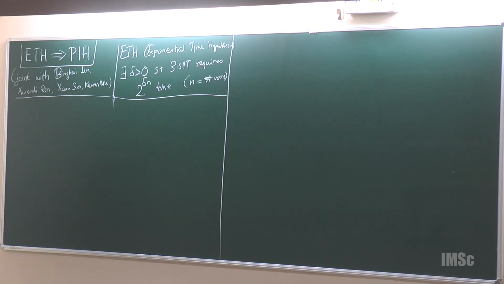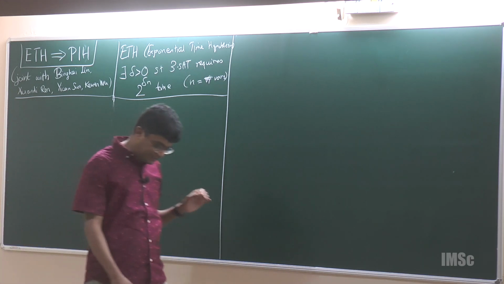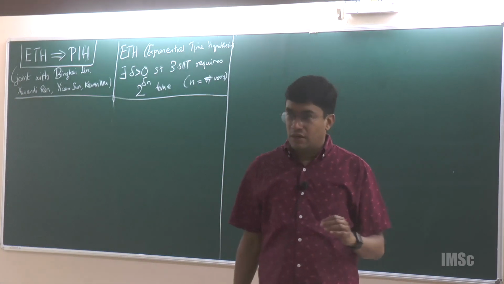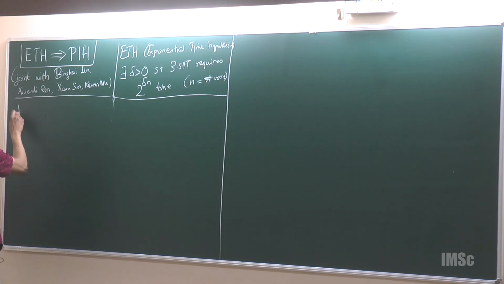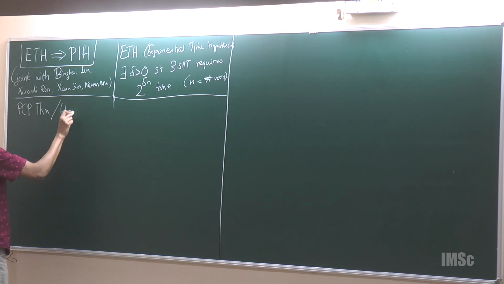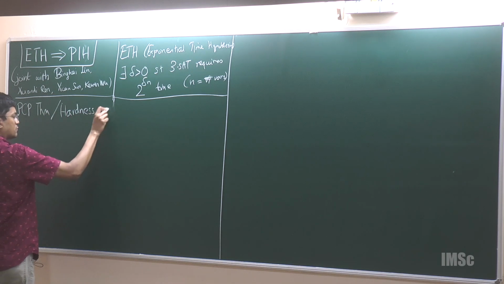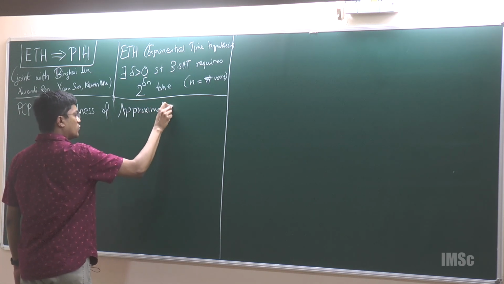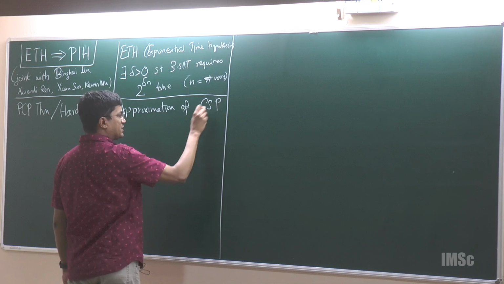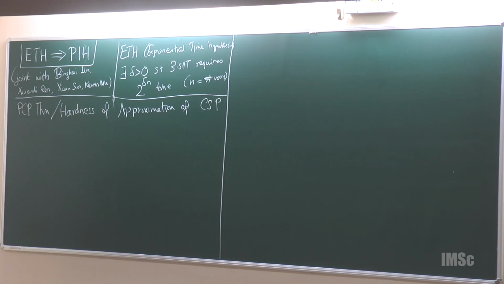But this is ETH, and now I'm going to define what PIH is. For that, I want to start with the regular PCP theorem, which is probably a much more familiar thing. I'm going to state it as a hardness of approximation of CSP, constraint satisfaction problem, which I'll define in a second.